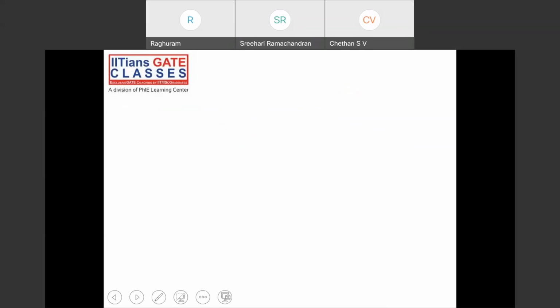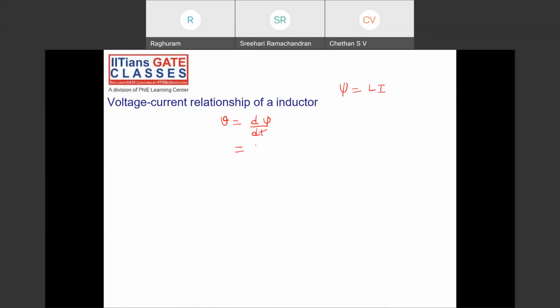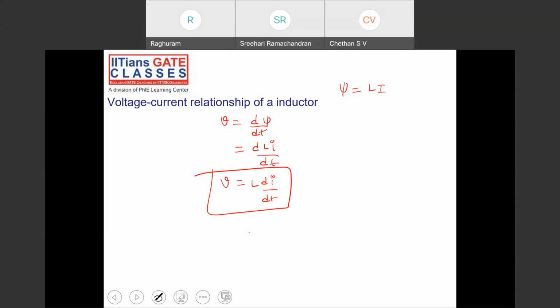So V is equal to d psi by dt, which is d into L i by dt, so L di by dt. V dt is equal to L di, or i is equal to 1 by L integral V dt.